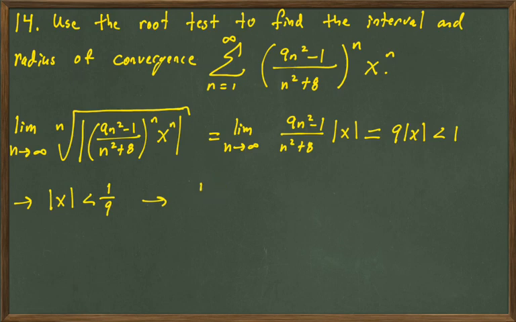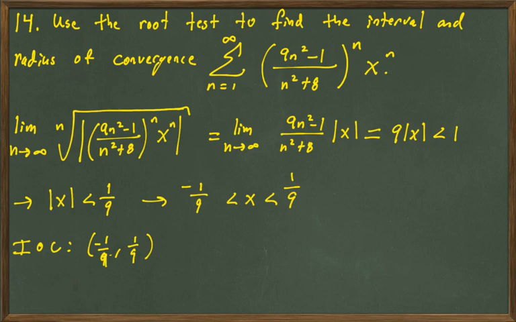So this is negative 1/9 less than x, which is less than 1/9, and so then our interval of convergence is going to be negative 1/9 to 1/9, and our radius is going to be 1/9. So let me go ahead and fix that there.